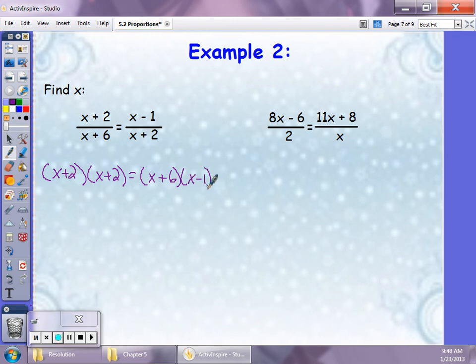So now all we need to do is simplify and solve for x. So we're going to use FOIL: first, outer, inner, last. So x squared plus 2x plus 2x plus 4 is equal to x squared minus x plus 6x minus 6.